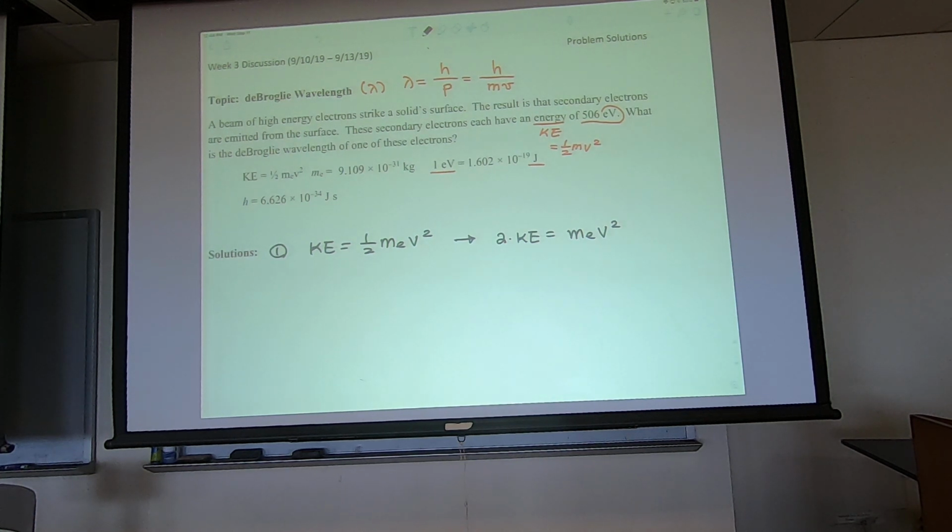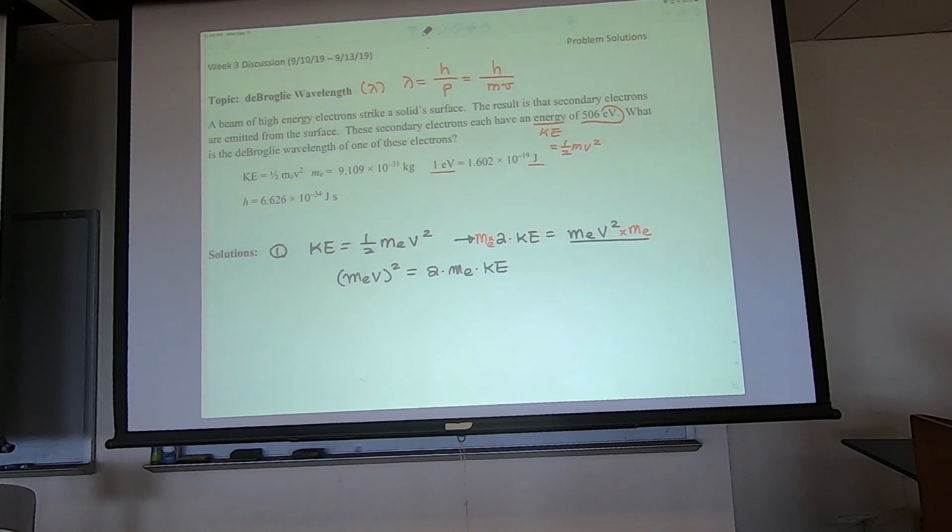Where I'm getting at here is that I am going to multiply both sides by the mass of the electron, and I'm trying to make a shortcut of calculating this term from the beginning. So this term, m_e velocity squared, is simply 2 times the mass of the electron times the kinetic energy.